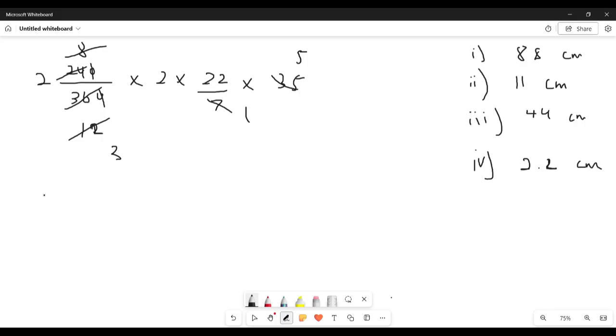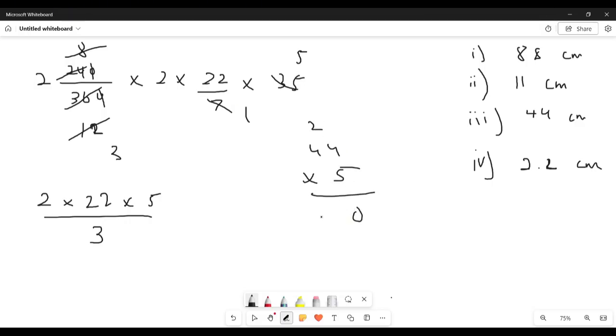So the answer is going to be 2 times 22 times 5 over 3. We have only one page down here, right? So 2 times 22, that's 44. 44 times 5 is 220. 220 divided by 3.